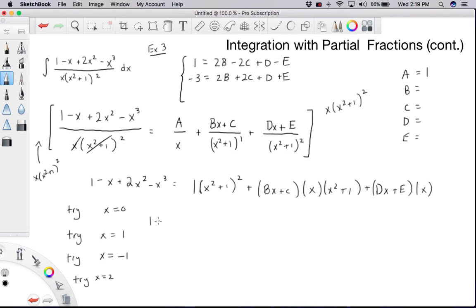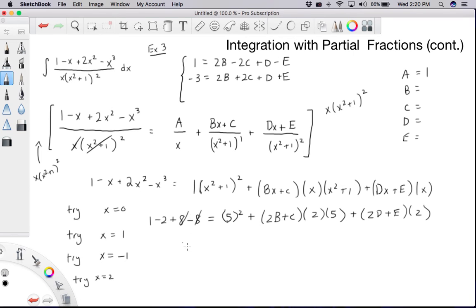Okay, so 1 minus 2 plus 8 minus 8 is equal to 5 squared plus 2b plus c times 2 times 5 plus 2d plus e times 2.